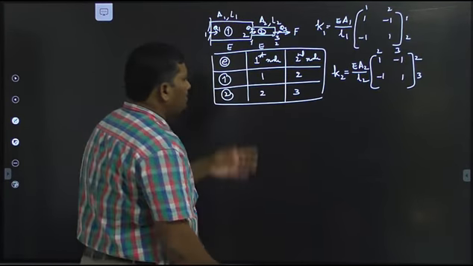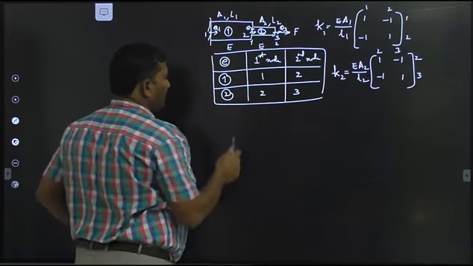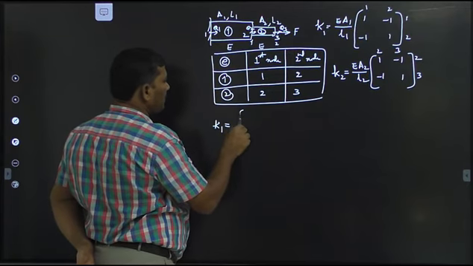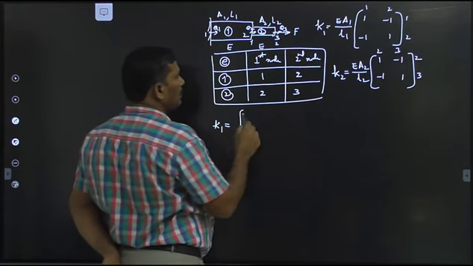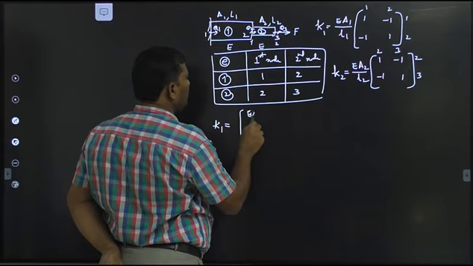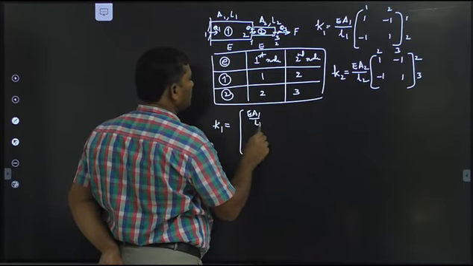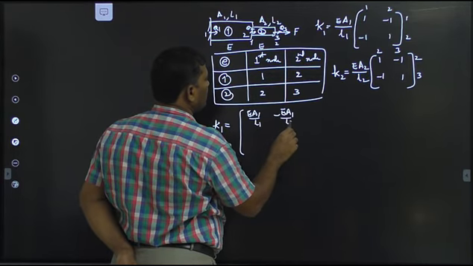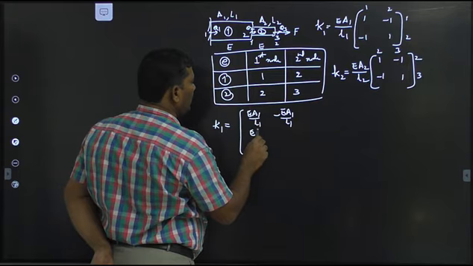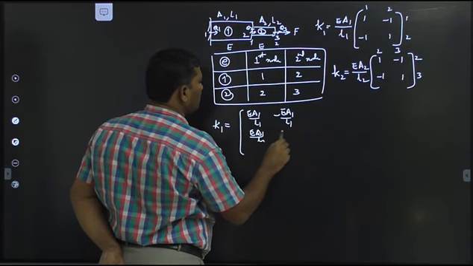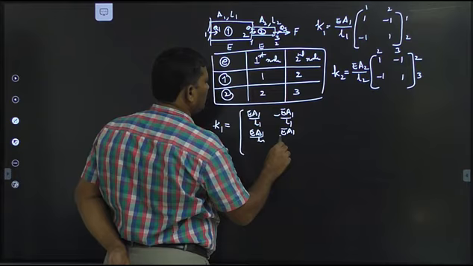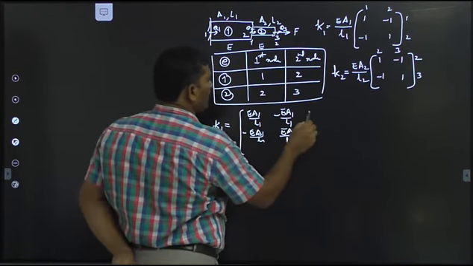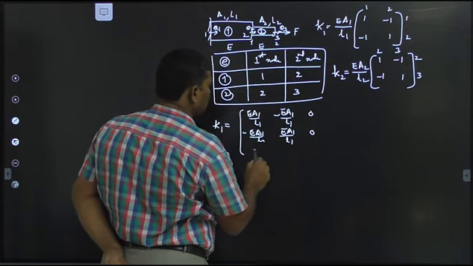Hence, I write this K1 like this. K1 equals, observe carefully, EA1 by L1, minus EA1 by L1, minus EA1 by L1, EA1 by L1. Here minus, and I put zeros here.